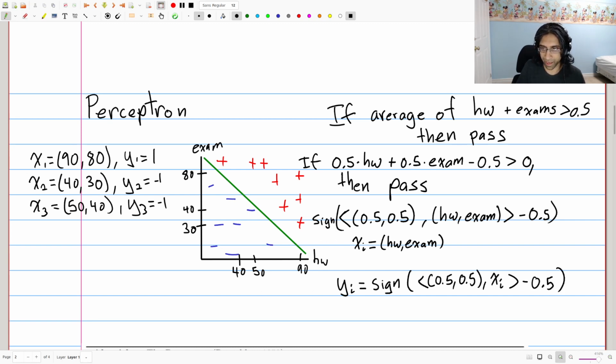And you might see that this is a very nice and convenient way to do it. The idea here is that you take your feature vector, you take the dot product or the inner product with some weight vector, maybe you have some offset, some additive bias, and then you take the sign of it, and that'll give you the label.